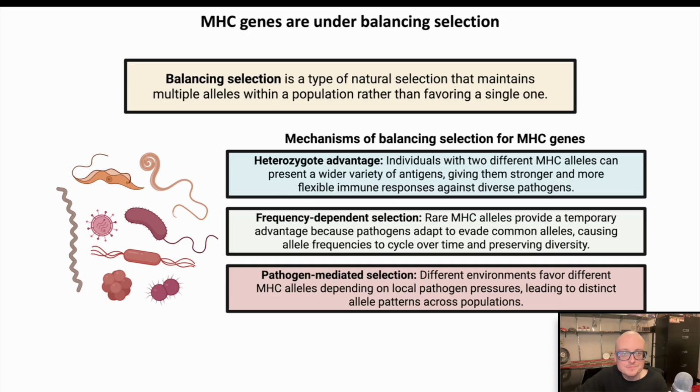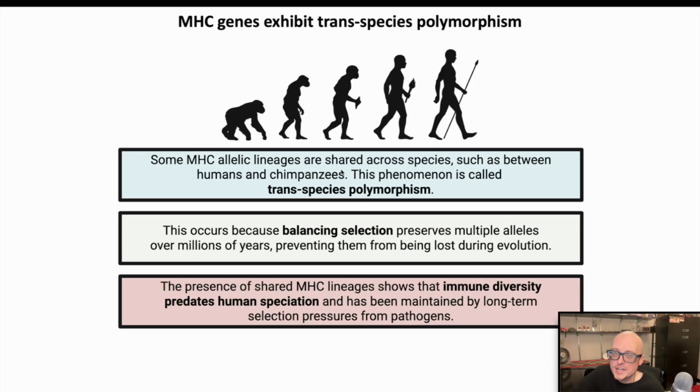Okay, one final point about the evolutionary genetics of MHC is that MHC genes exhibit trans-species polymorphism. What this means is that we observe certain MHC alleles that we share with other non-human primates, and this suggests that they have persisted from our common ancestors.